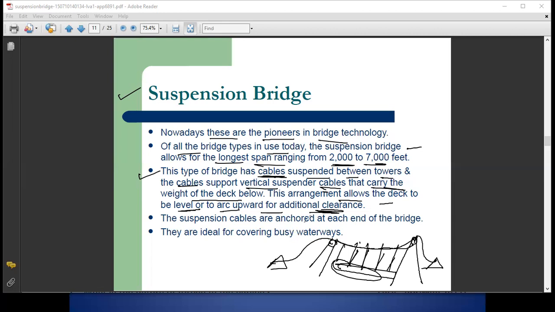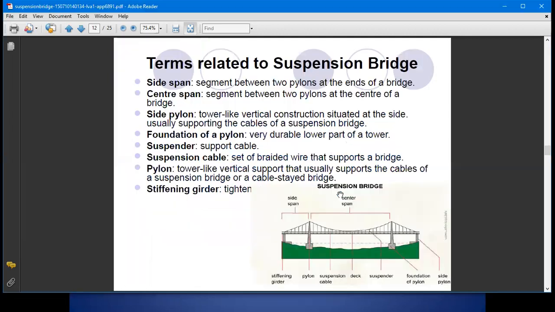The suspension cables are anchored at each end of the bridge, and they are ideal for covering busy waterways. So this is general about the suspension bridges.